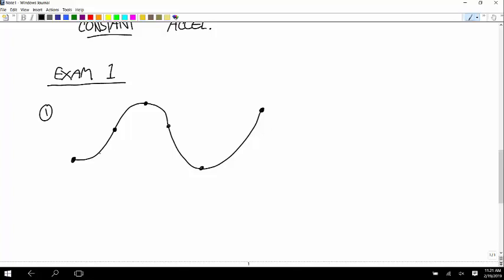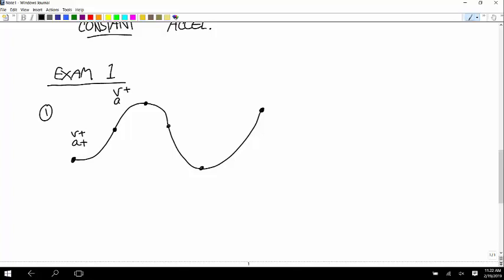And now in each one of these regions, we've marked off every place where the velocity can change signs and the acceleration can change signs. So now just go through and in each one of these regions, figure out what the sign of the velocity is and what the sign of the acceleration is. So in this first region, velocity is positive the whole time and acceleration is positive the whole time because it's concave up. This second region, the slope is positive, so velocity is positive.